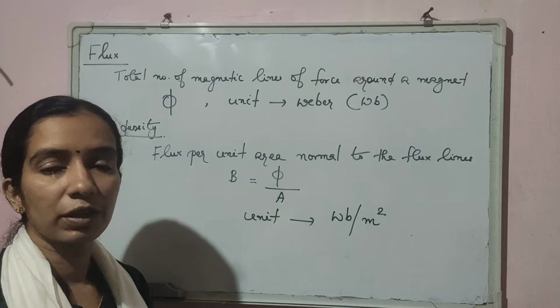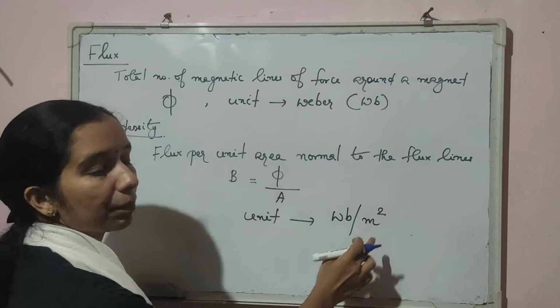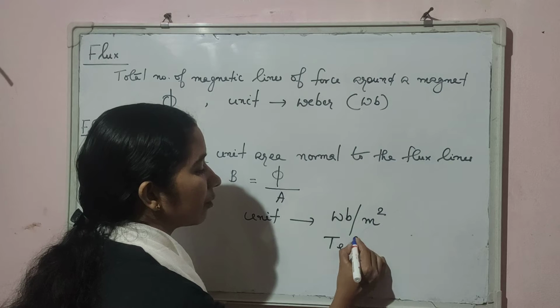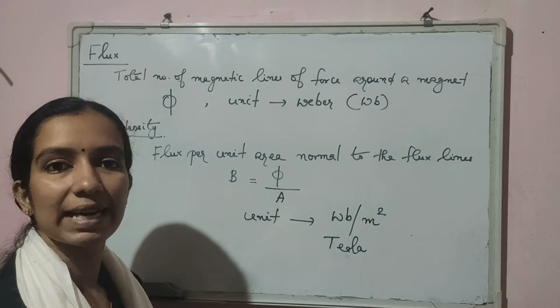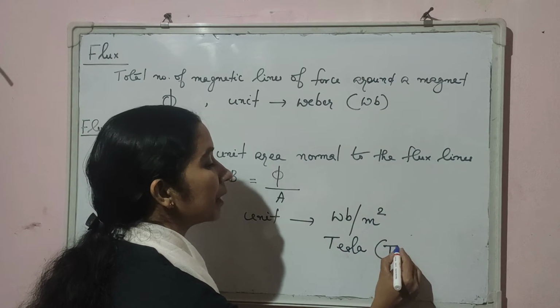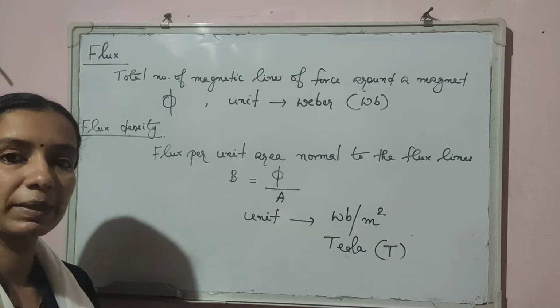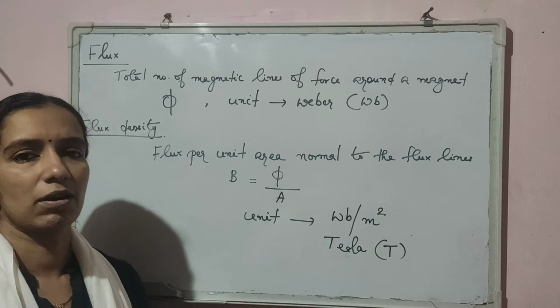So unit of flux density is Weber per meter square. One more unit is there for flux density, that is Tesla, denoted as capital letter T. So unit of flux density is either Weber per meter square or Tesla.